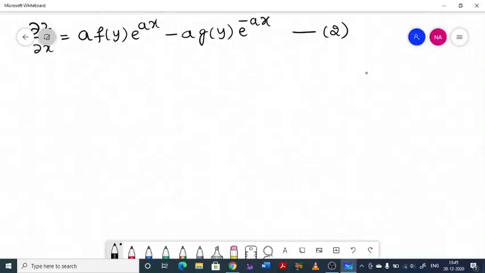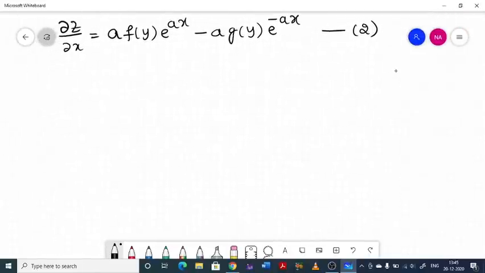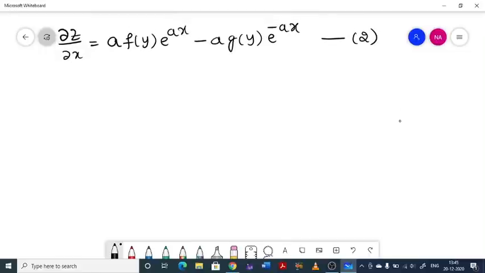Now, okay, so it is given first condition when x is equal to 0. When x is equal to 0, you will be having z equal to 0.